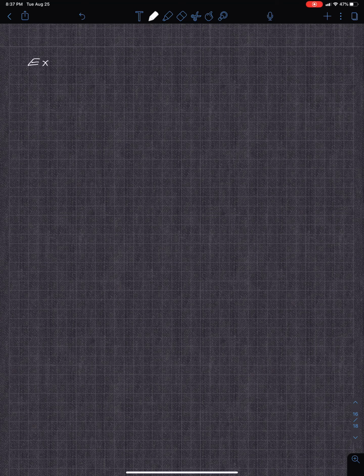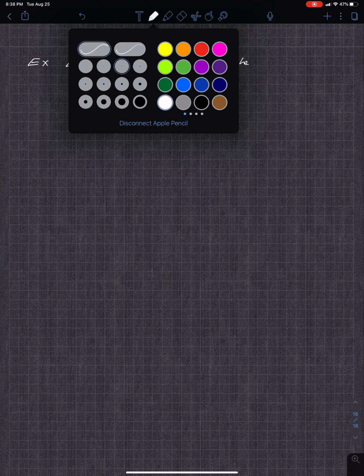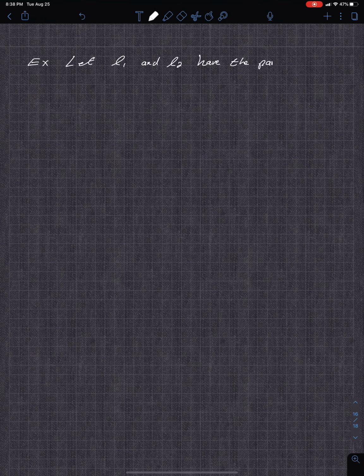Okay, so this is basically working with parametric form and then doing some calculation. This one's pretty straightforward, but here's the idea. Let L1 and L2 have the parameterization like this.